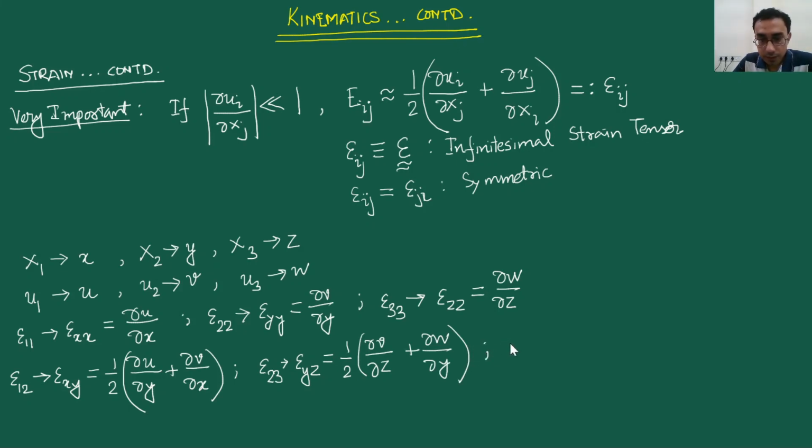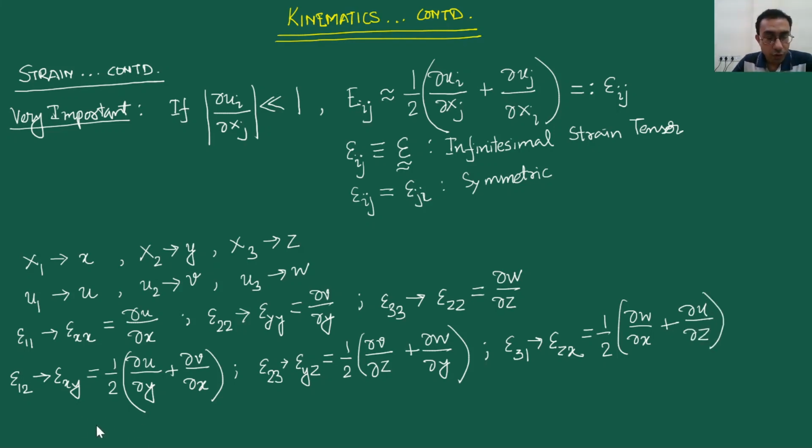And finally, epsilon 3 1, that corresponds to epsilon zx, and that is equal to half of del w del x plus del u del z.